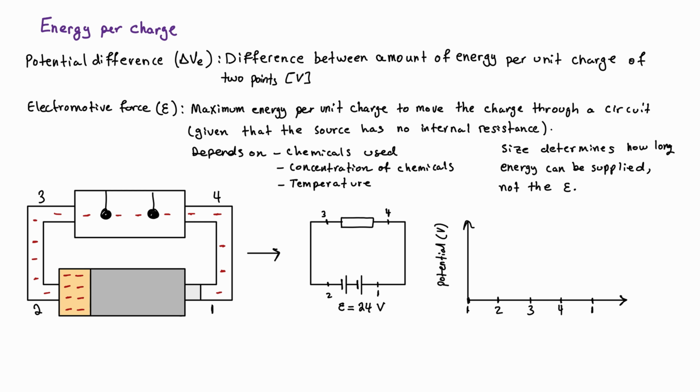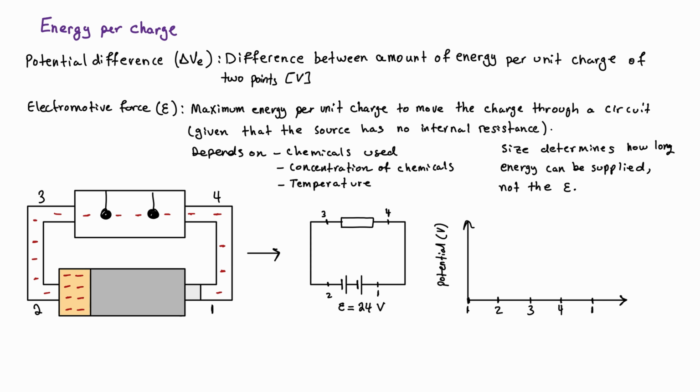So here they're going to bump into this one, transfer some of their energy, slow down, and then they're going to move in and transfer the other part of their energy. And then from here to here, they no longer have any potential to do any work anymore because they're not going to bump into anything more. They're going to come in, they're going to get recycled, so they're going to gain potential to do work again. And then that pattern continues. They're going to lose some of it here, no more potential, and that pattern continues.